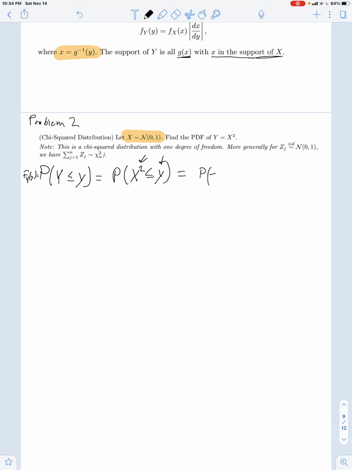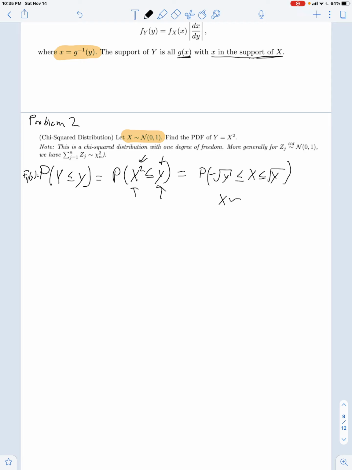I'll write this down, and maybe we can think about why it's true after the fact. When I take the square root, I would like to take the square root of y, but x could also be negative, and that would give me some value of y as well. So I really have to consider the negative square root of y and the positive square root of y.